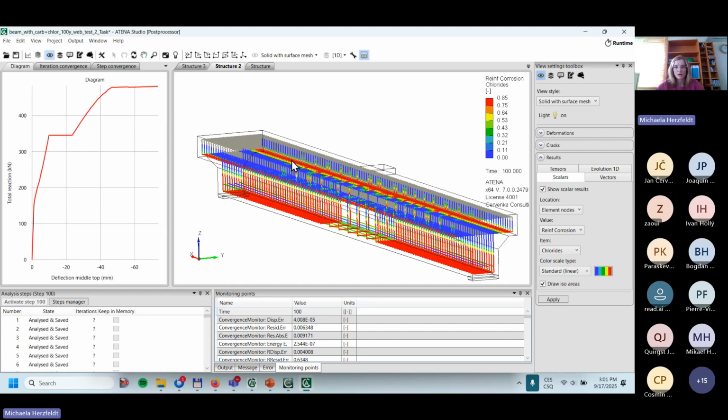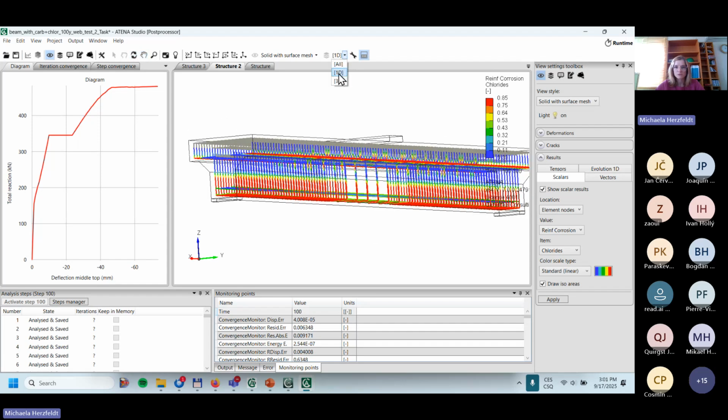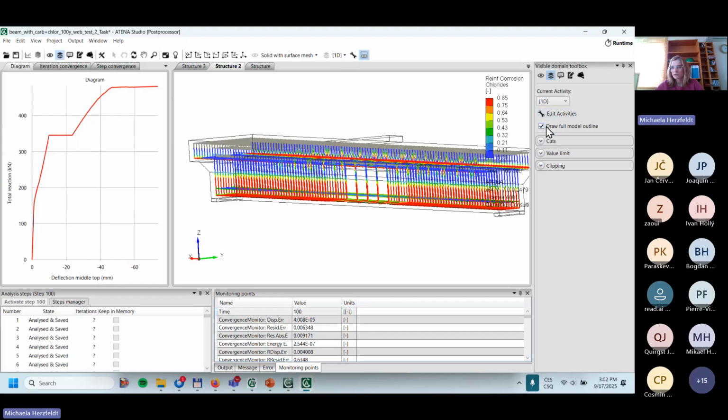Okay, and the last part: here I switched to 1D elements only, which will show you the reinforcement. Also here, sometimes it's good to show the outline of the model if you have a relation to other pieces.